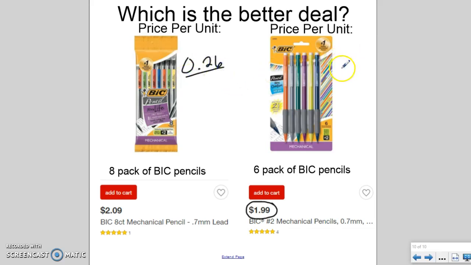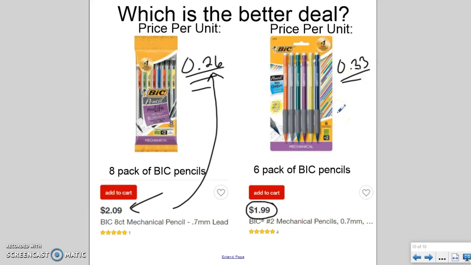The price per unit of the 6-pack was $0.33. So what that means is, even though I'm paying a little bit more for the 8-pack of pencils, each pencil is cheaper. Because I'm getting more of them, I might be paying a little bit more, but the price per unit is cheaper than the price per pencil of the 6-pack.